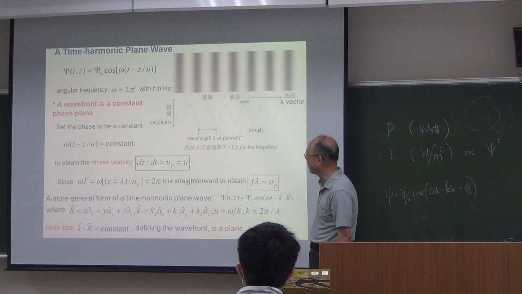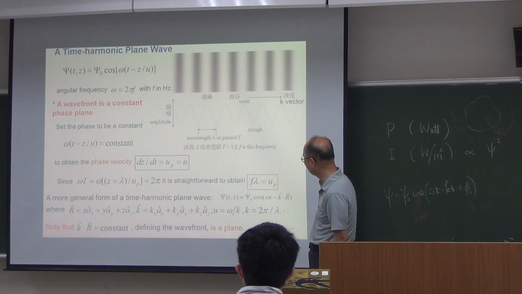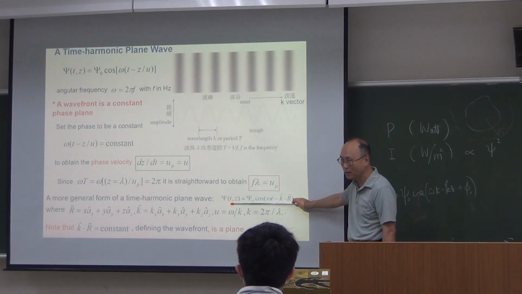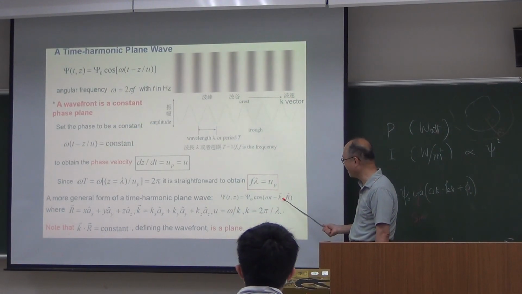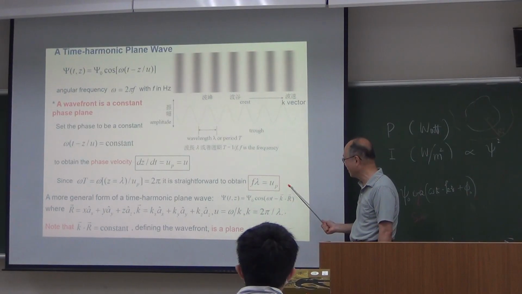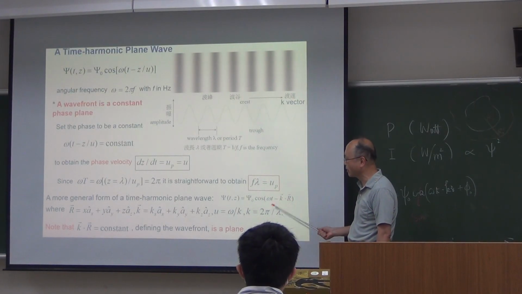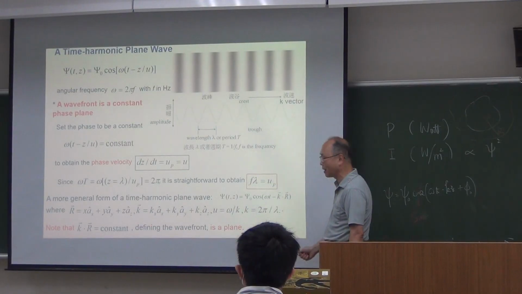Okay, and then you rewrite this wave function into this form, k dot r, and k dot r equal to a constant defines a plane.